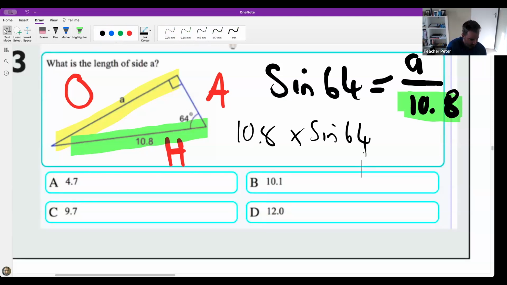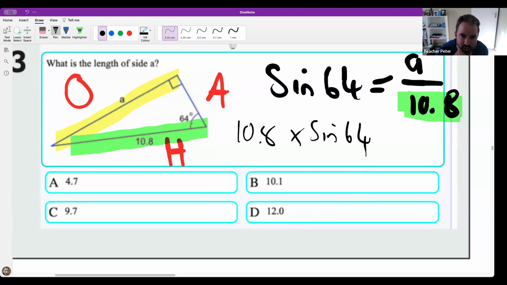And using our calculator, 10.8 times the sine of 64. And we should get 8.9. Oh, what have I done? I feel like there's maybe an error in this question. Did I do something wrong? Let's have a look.